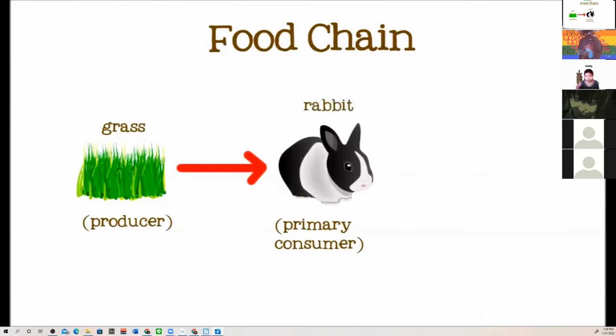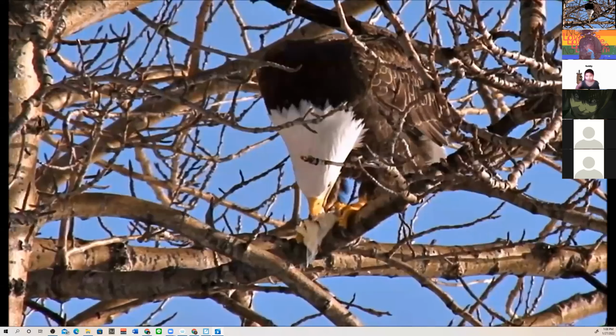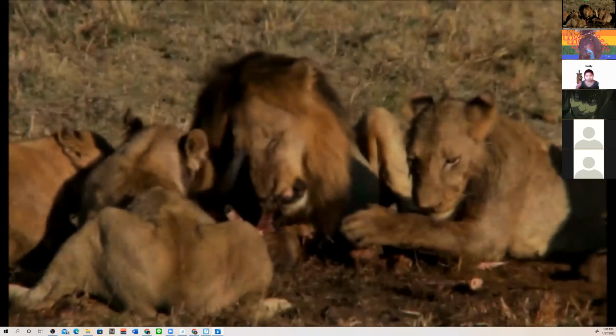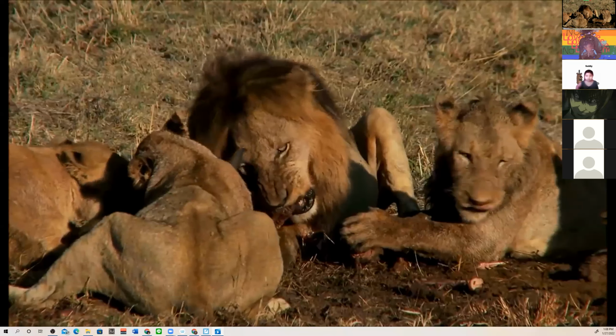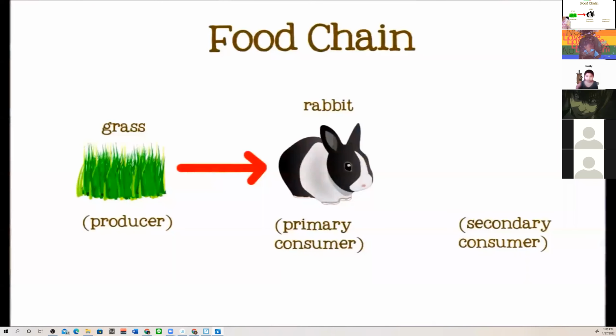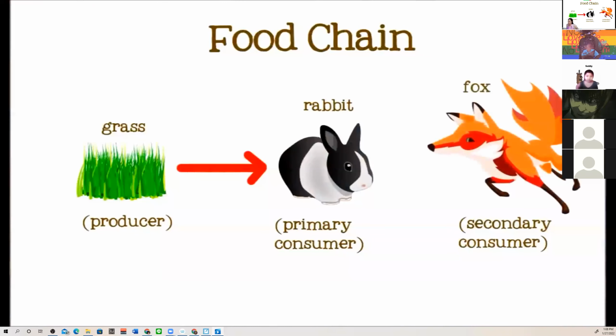Let's add a rabbit to our food chain. Next comes a secondary consumer, the second consumer in the food chain. This consumer is a carnivore and gets their energy by eating other animals. Maybe our rabbit will get eaten by a fox. When the fox eats the rabbit, part of the energy that the rabbit got from the grass is transferred to the fox.